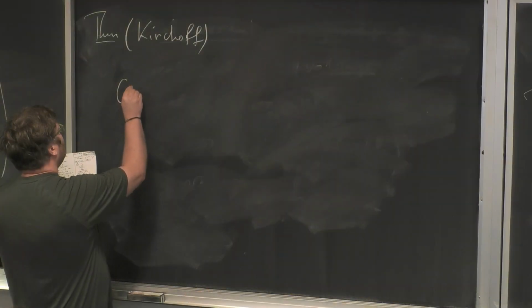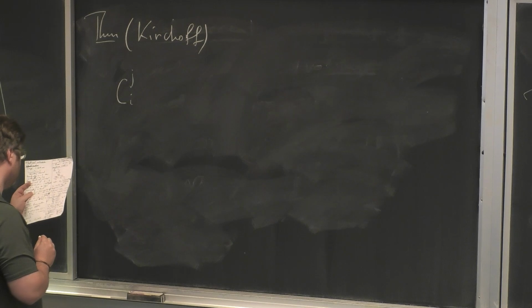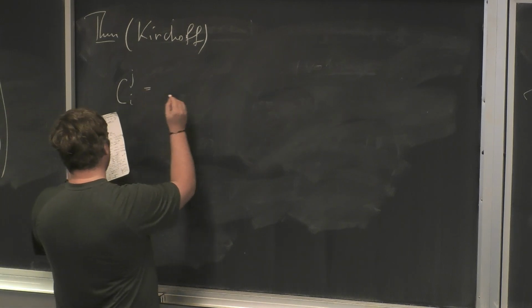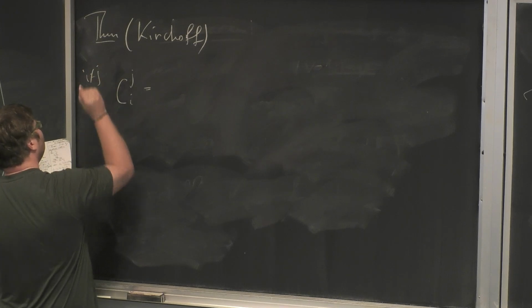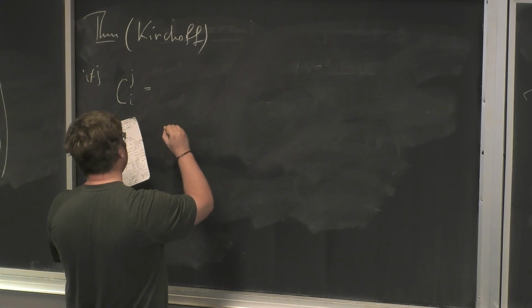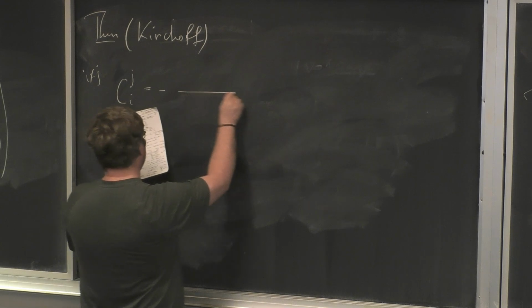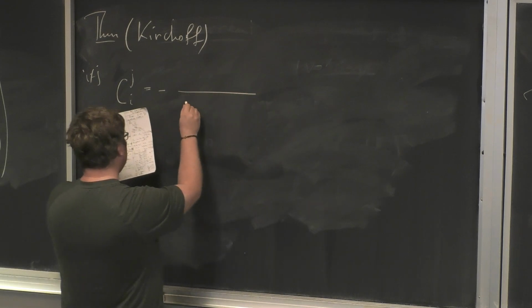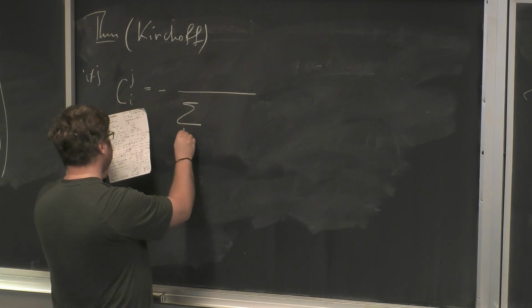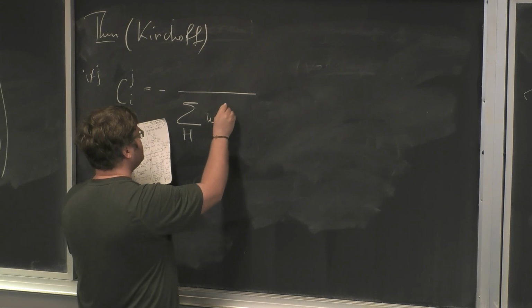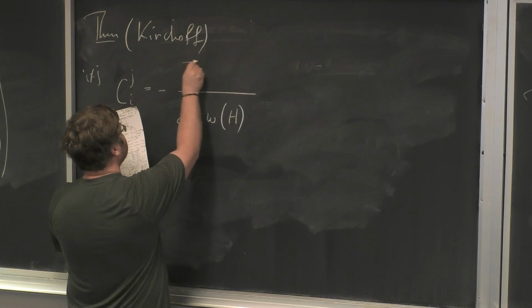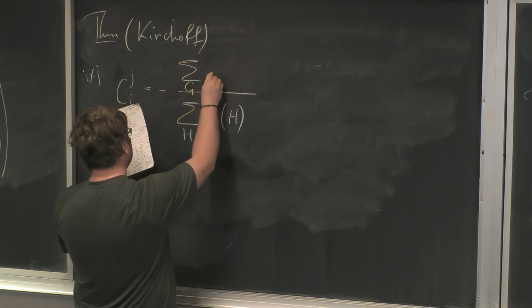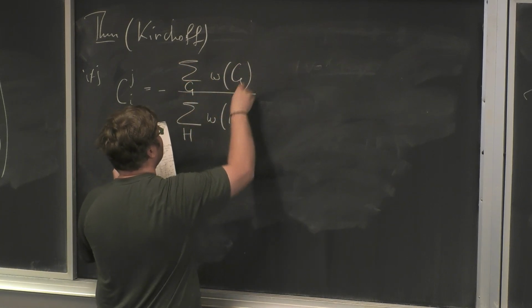The entry in row i and column j will have the following formula. This is for i not equal to j. The entry Cij will be given as minus a sum over some things in the numerator, where we take the weight of those things, divided by a sum over some things in the denominator, where we take the weight of those things.